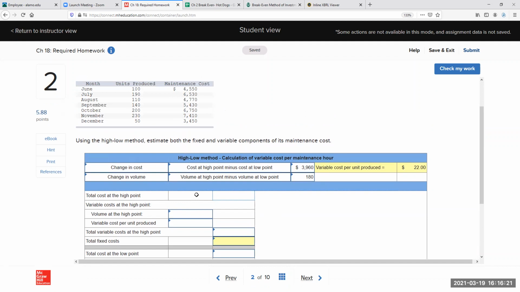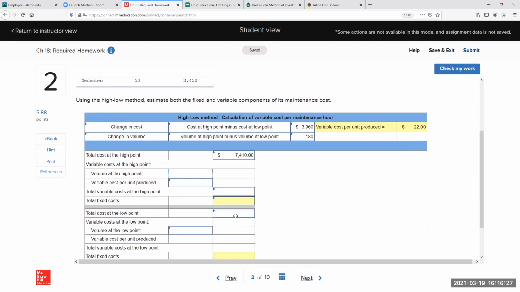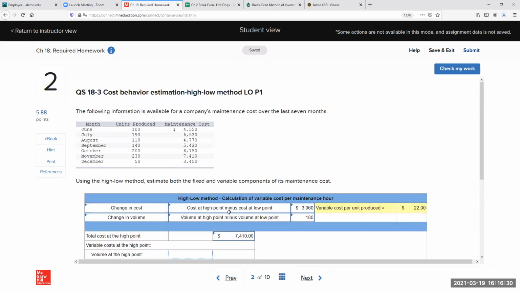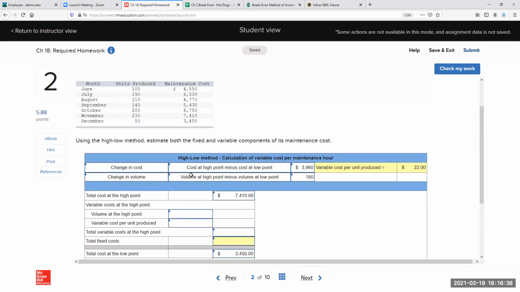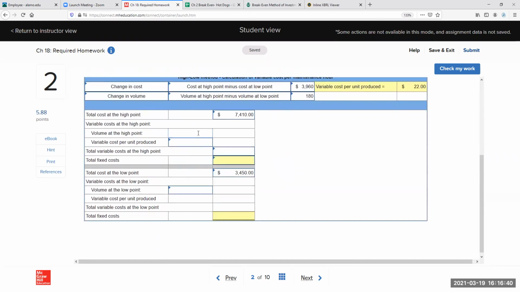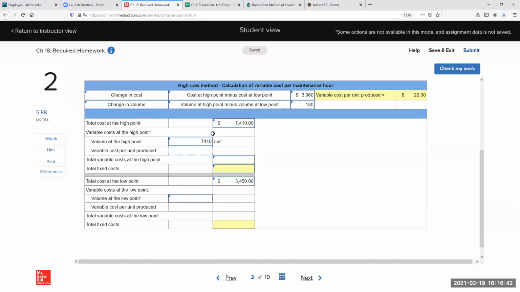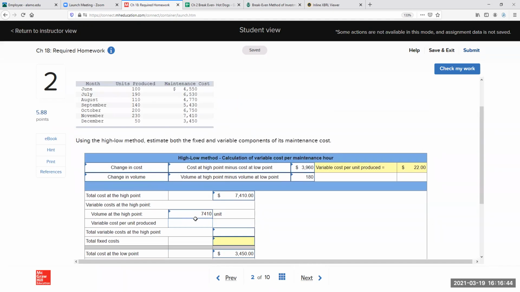So now down here, they're essentially making you work it to see if it comes out right. 74.10, and let's see, what was the cost at the low? 34.50. So there are my two costs. What is your volume at the high? Oh no, volume at the high.